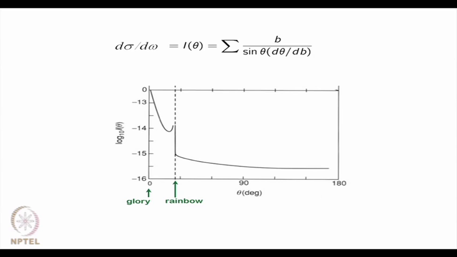These come from interference when 3 values of B correspond to the same scattering angle. So, this rainbow is very important in knowing the nature and depth near the minima.